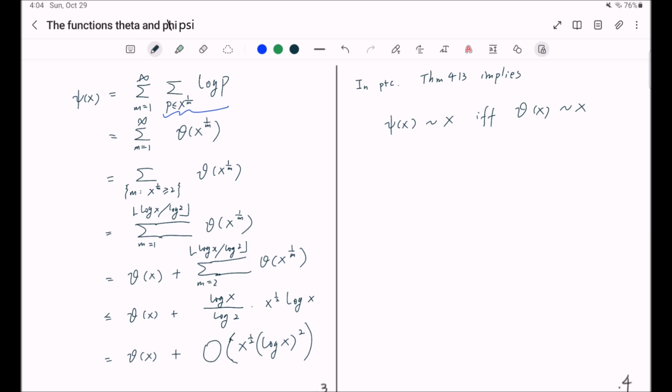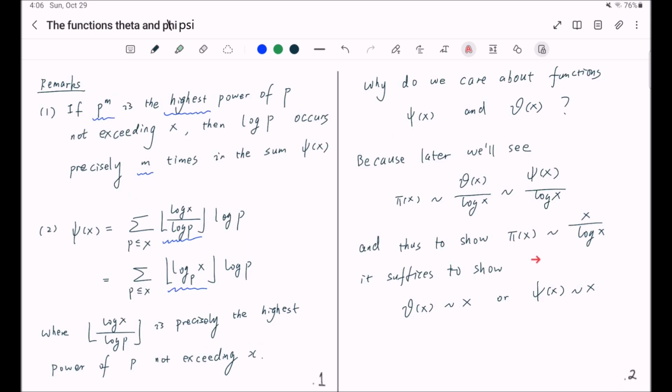Because, look, the difference between psi of x and theta of x is something that grows slower than x, because log of x squared, this guy, grows slower than any power of x. And square root of x is also a lower power of x, so they together will grow slower than x, which is a classical fact in calculus.